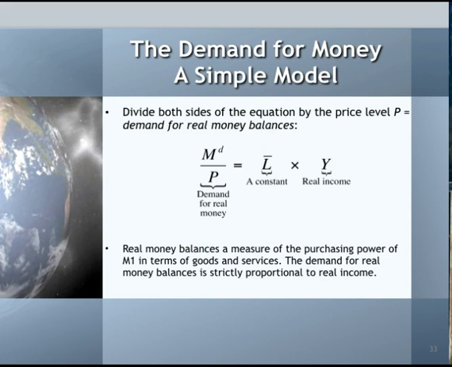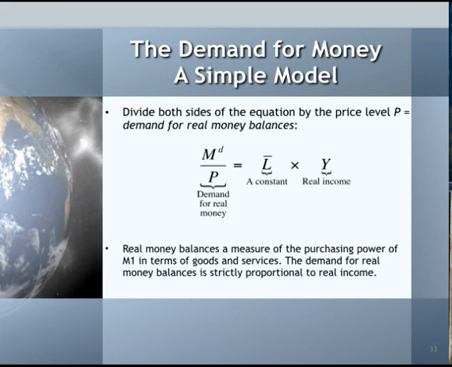Suppose we were to take this equation and divide through by the price level. So we're going to divide both sides by the price level, which gives us the demand for real money balances. Notice I'm saying real here because I'm taking the money demand and dividing by the price level. And so notice the units are going to disappear here. And so we're really talking about real money balances.